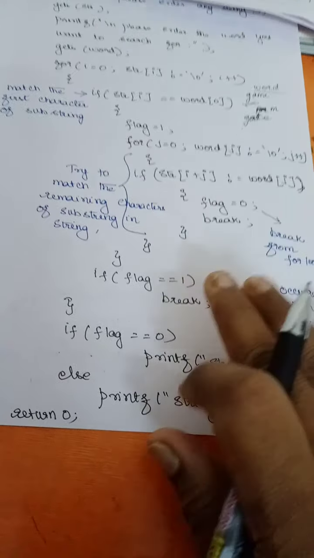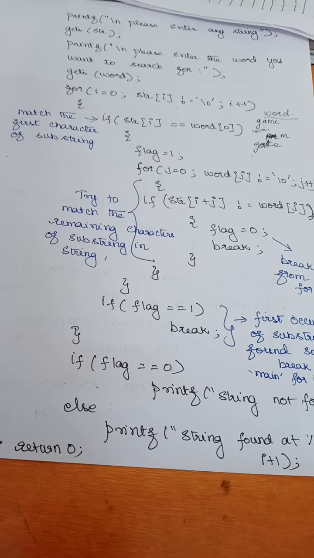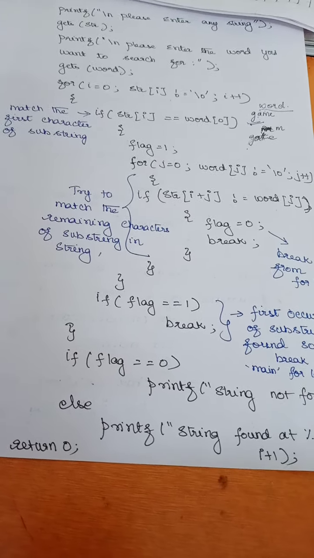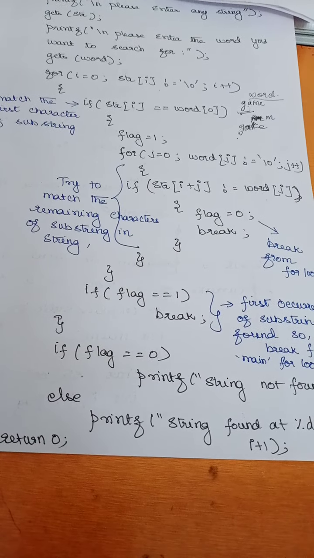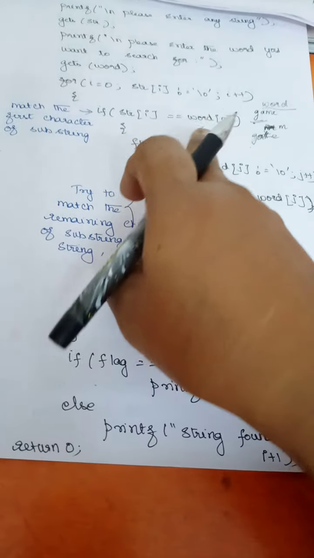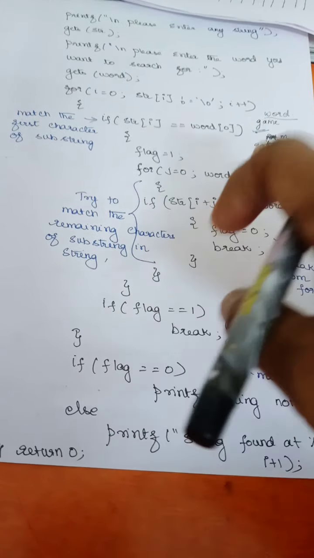Clear? So what we are doing here: we are getting the original string and we need to get the substring also as input, and we are checking character by character because we are not using the library function here. Once the first character matches, again we are moving on to another for loop. Why?